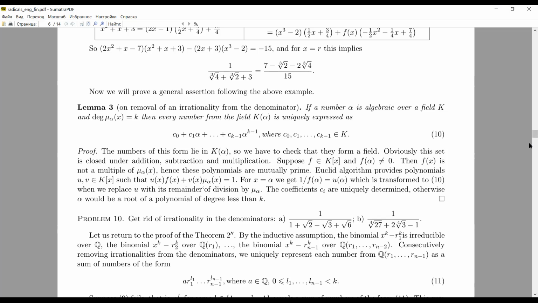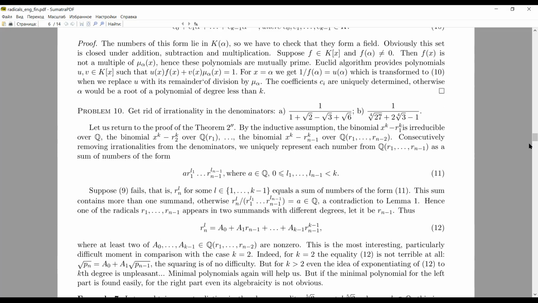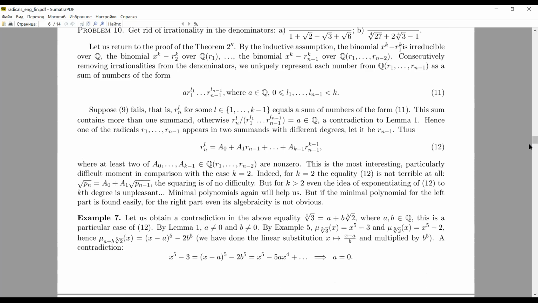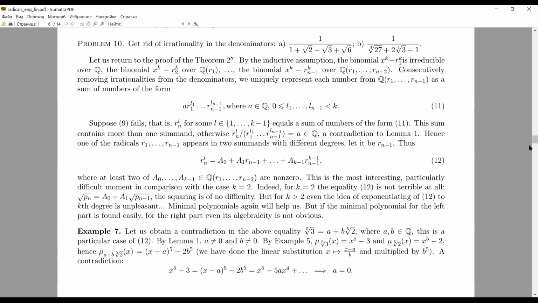Okay, now using this lemma, we can formulate theorem 2 primes in the following way. We remove irrationalities from the denominators. Consequently, we write every number from this field as a sum of numbers of the following form: some linear combination of products of radicals with rational coefficients.